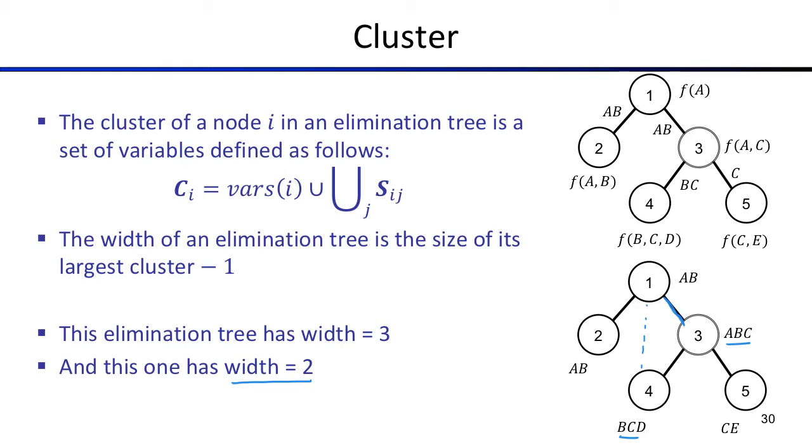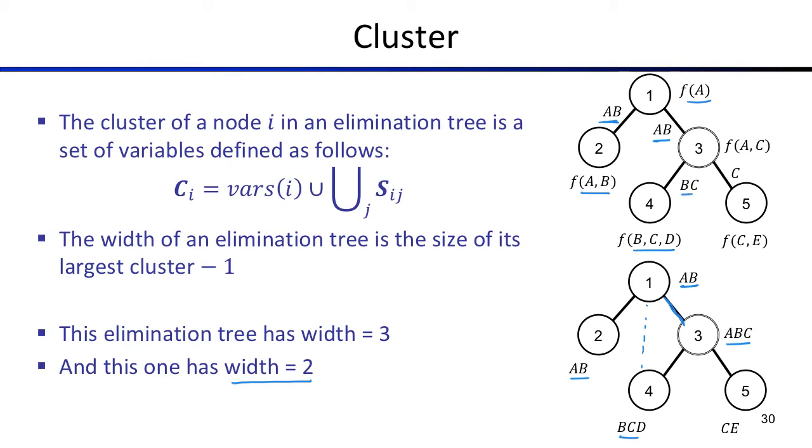Let's just double check here that these clusters are actually correct. We have AB here with AB, so it's going to be a cluster over AB, the union of the 2. And we have A here with AB and AB, so this is going to be a cluster AB. Here we have BC.